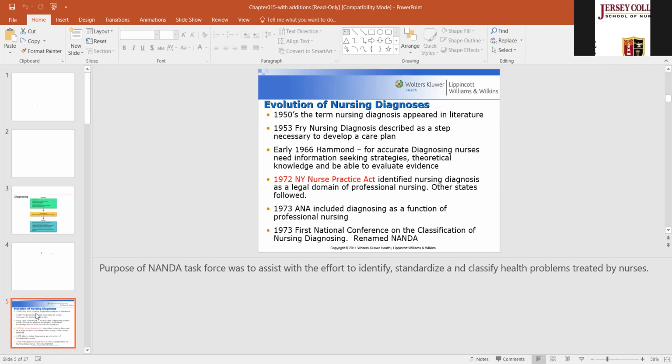Then in 1972, the New York Nurses Practice Act comes out. That helps us to identify nursing diagnoses as a legal domain. In 1973, the ANA now includes diagnosis as part of nurses' function. And then in 1973, again, the first national conference for NANDA, which is the classification of those nursing diagnoses, was identified. NANDA was out there to help us to identify and standardize and classify the health problems that we treat as a nurse.